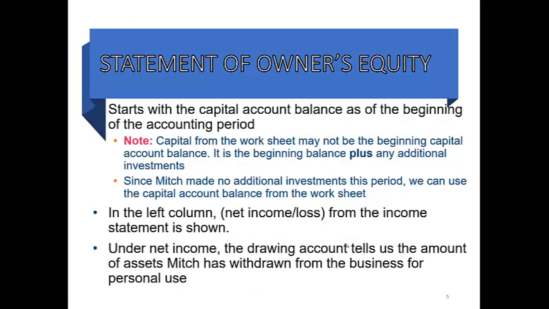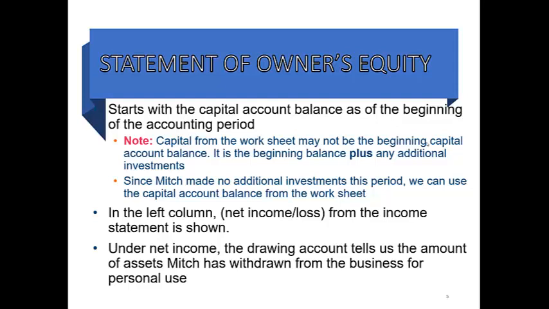The statement of owner's equity is the statement that shows the owner's investment. It tells the owner whether his investment has increased or decreased. The beginning of the statement starts with the capital account, but we can't assume that the figure from the worksheet is actually the beginning capital.